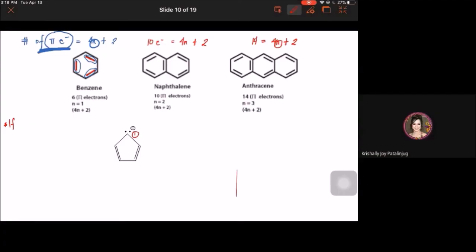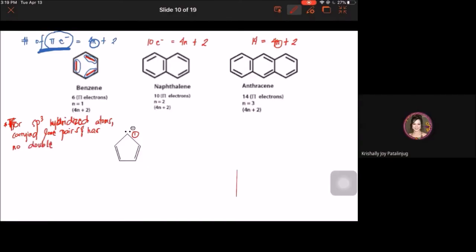Now, for an sp3 hybridized atom, okay, carrying lone pairs and has no double bond.